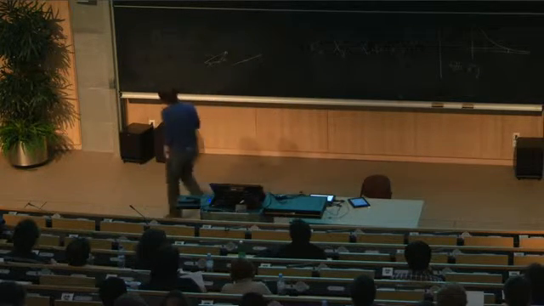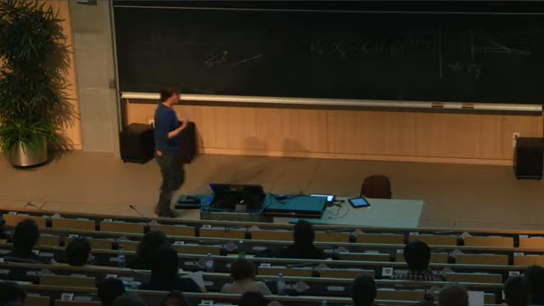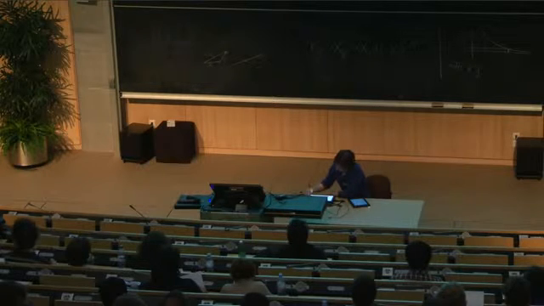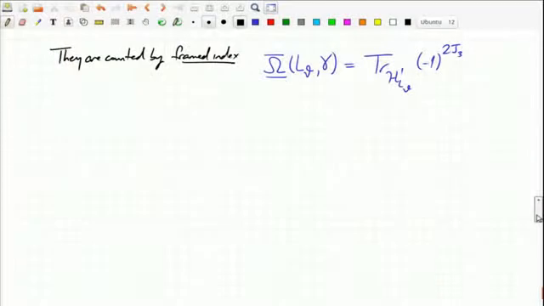So now we ask ourselves the same question that we asked for the ordinary BPS states, the unframed ones. As with omega of gamma, we can ask ourselves, how does this omega of L theta in gamma behave under deformation of parameters?